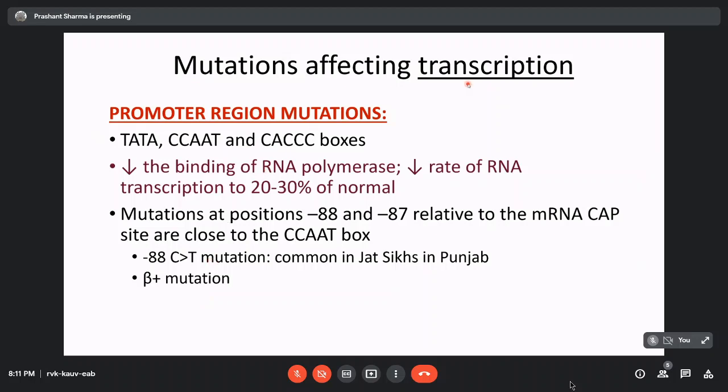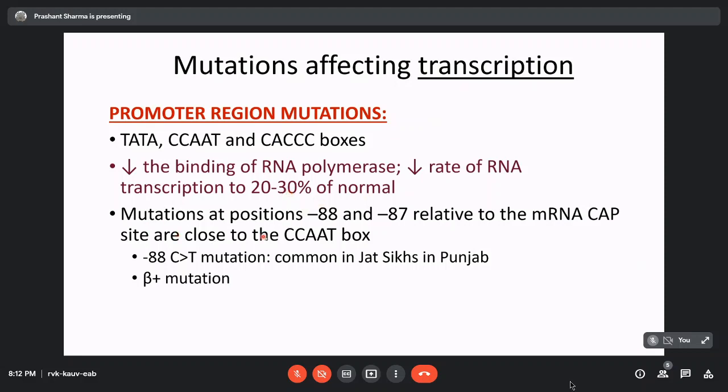Then we have mutations that can affect transcription. These, as one can imagine, are slightly milder mutations because the mRNA at least is probably going to get formed. These can be mutations in the promoter region, which are the 3 boxes that we saw earlier. They can lead to decreased binding of RNA polymerase, as well as a decreased rate of RNA transcription to just about 20-30% of normal.